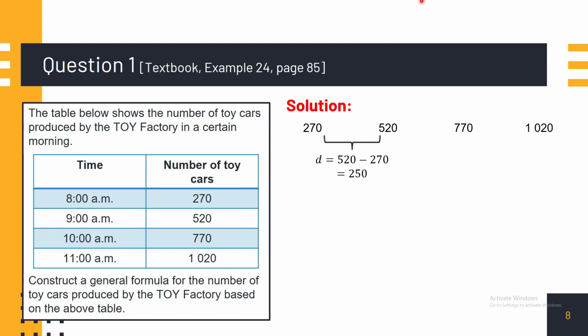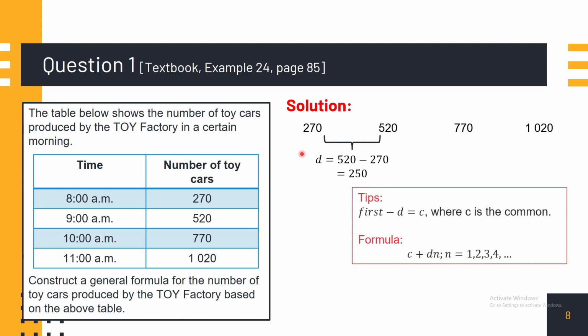What is the d? d is the gap, the difference between these two numbers. d equals the second one minus the first one, 520 minus 270. You will get 250 for d.